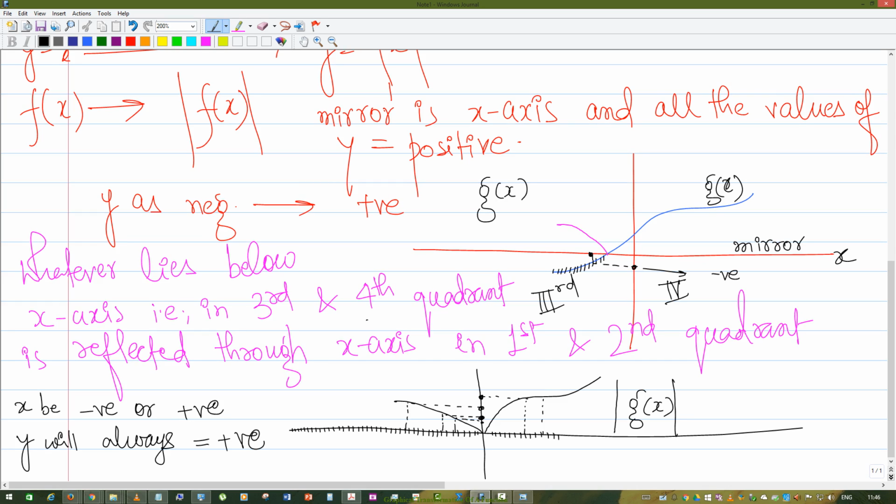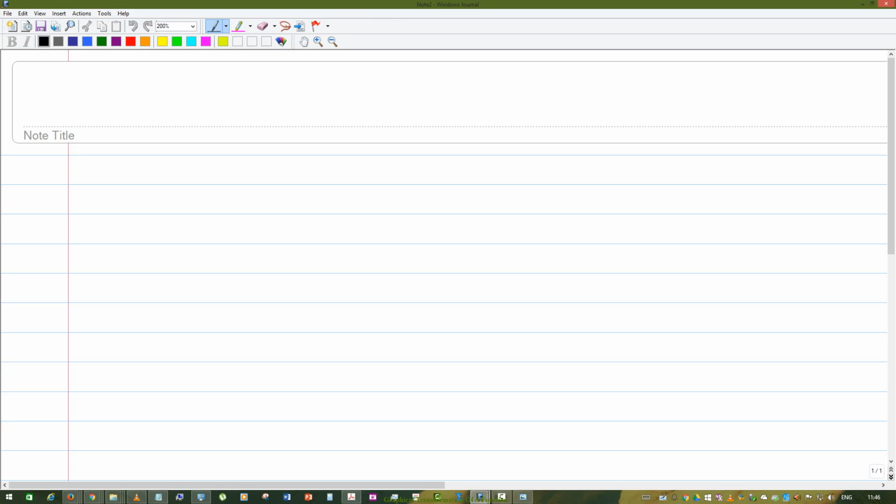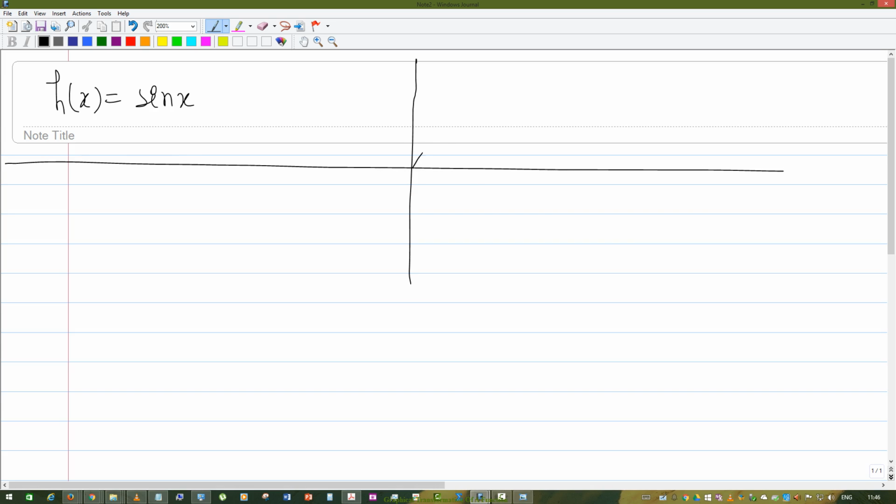Let us suppose it is g(x), f(x), h(x) or whatever, taken to its modulus value. Suppose I have some function h(x) equal to sin x. So ordinarily, what sin x looks like is this.